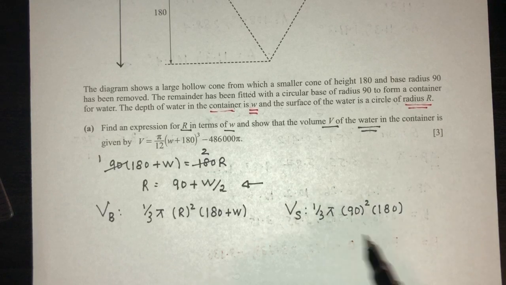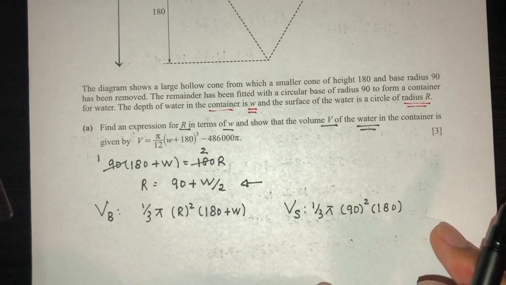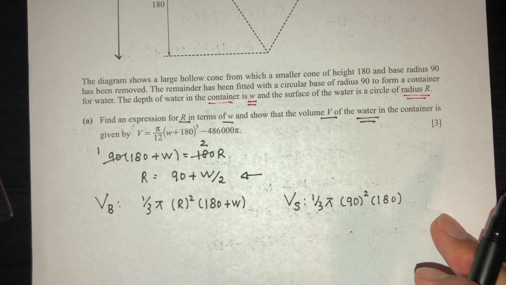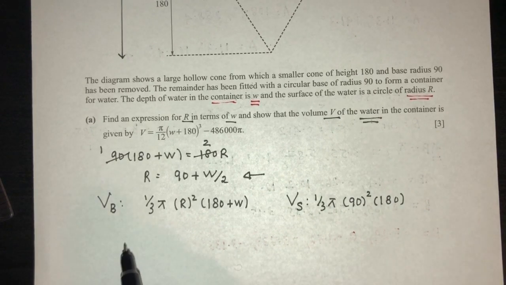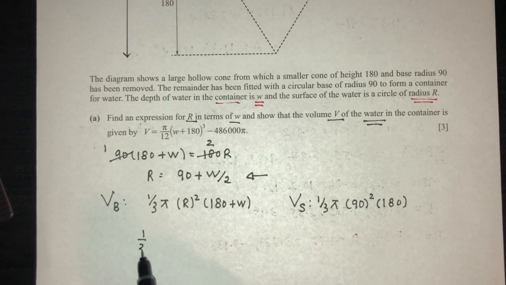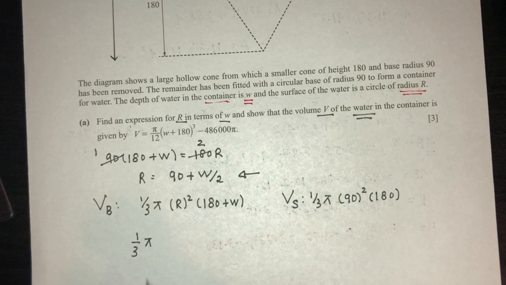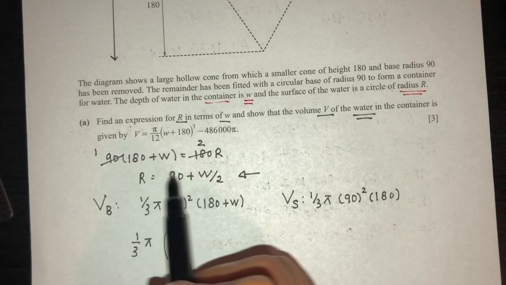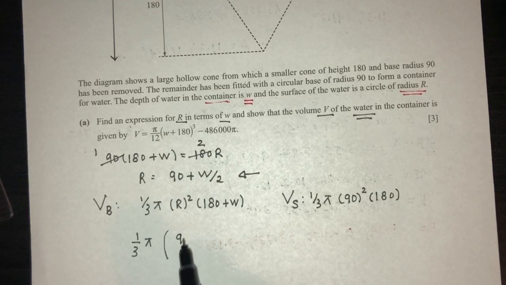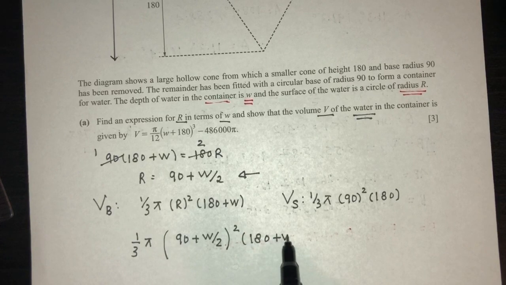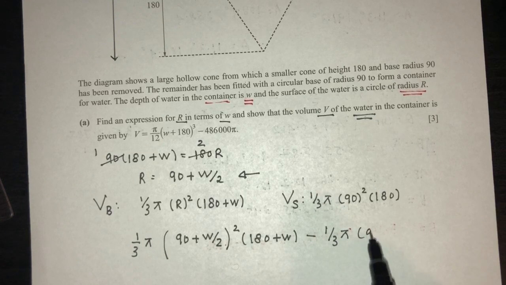So we can just simplify. Volume of big one is 1/3 pi. We can just factorize this for now outside. You will have R squared, which is this one squared, times 180 plus W, minus this small one to find the volume of water.